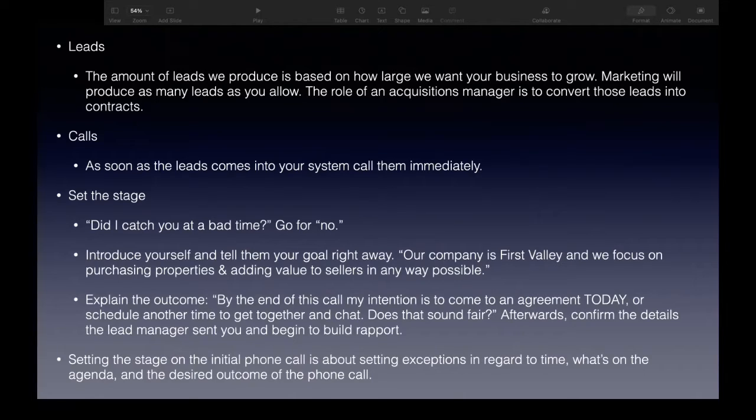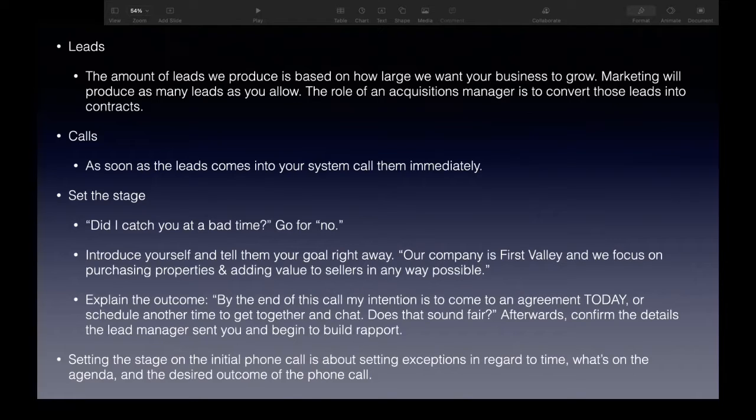Acquisitions, a really important thing to remember is as soon as a lead comes into your system, you call them immediately. Some people let their leads go to voicemail. They want their leads to leave a voicemail so they can gauge motivation. I don't care if you're motivated or not. As soon as you hit my system, as soon as you text me showing some kind of interest, I don't care if you're just playing games with me.